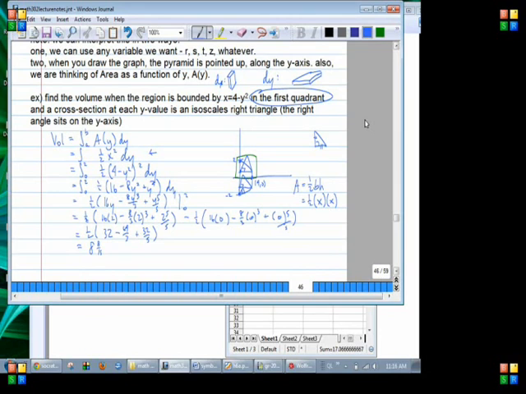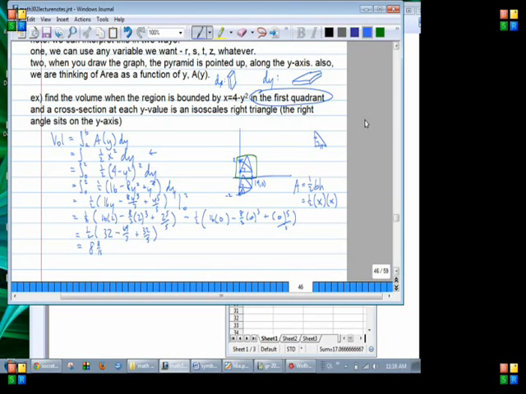Yes, just as a reminder, if you're not happy with the expression x equals 4 minus y squared, naturally you can just turn this into y equals 4 minus x squared because you're talking about the same object, but instead of sitting on the y-axis, it's sitting on the x-axis. So obviously when you do that, the volume doesn't change.